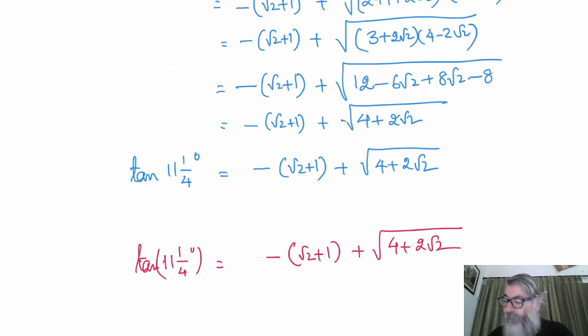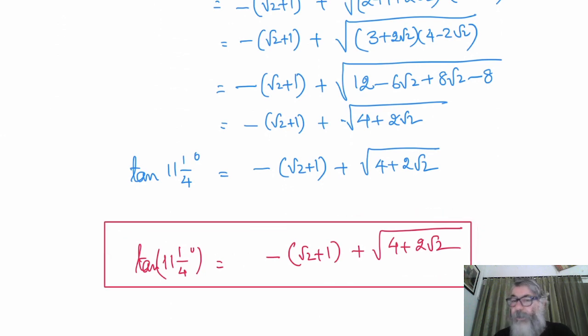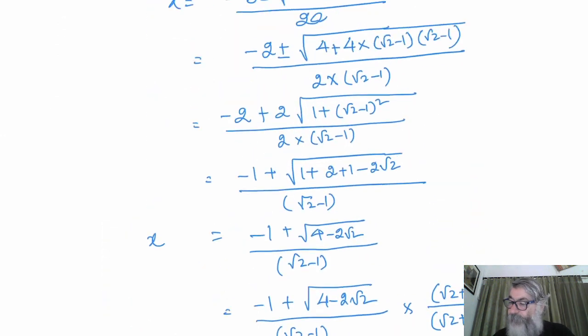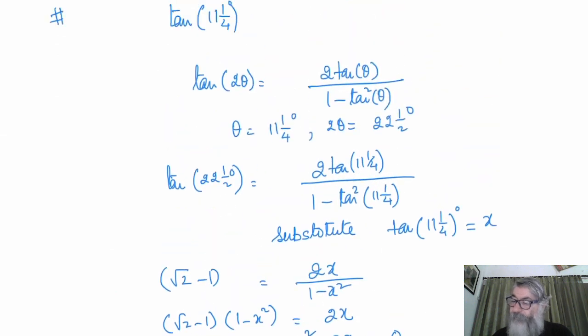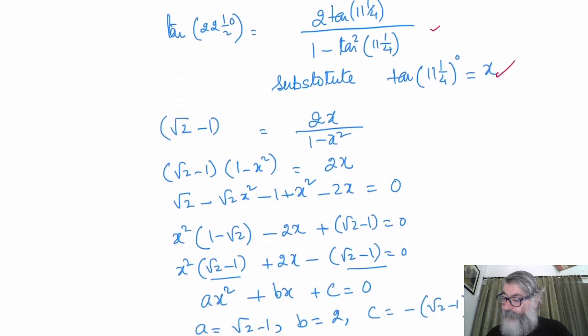I know it will appear a little difficult to remember, but once you use them, you will get used to it. Now I will mark what are the most important points in this formula. We started with this. This is important. 22 and a half is equal to, of course, this formula is important, this is important, and this is important. We replaced it by x.